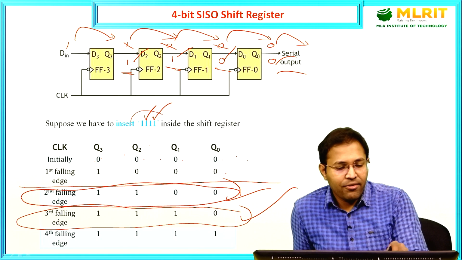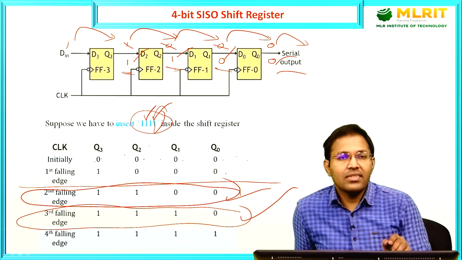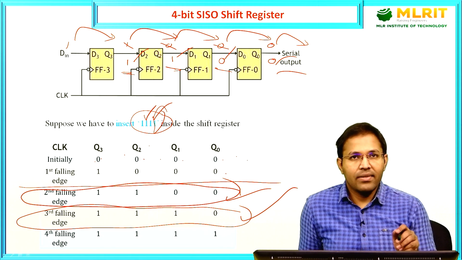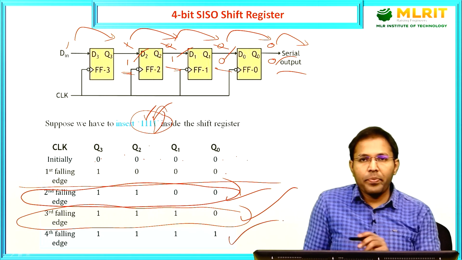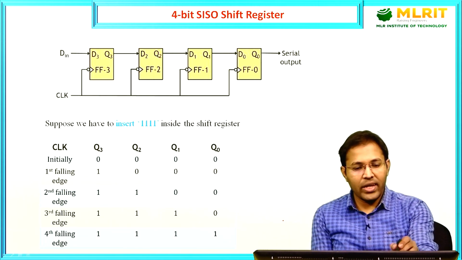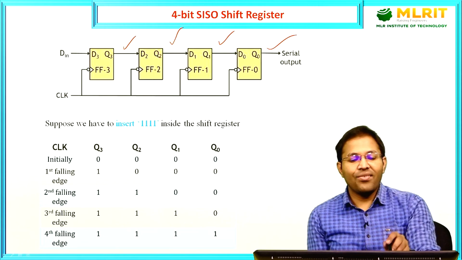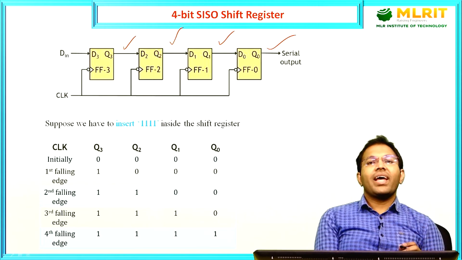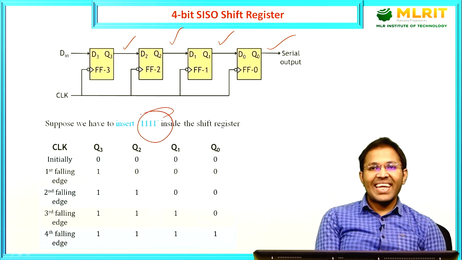And when you give the last one also, right, what is the situation? Now all the 4 outputs become 1. I hope the logic is very simple. Okay, so what we are doing, initially all are zeros here, and we are entering 1 by 1 value simultaneously, serially.